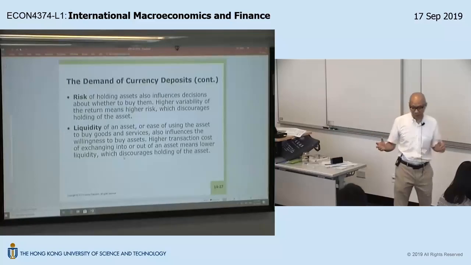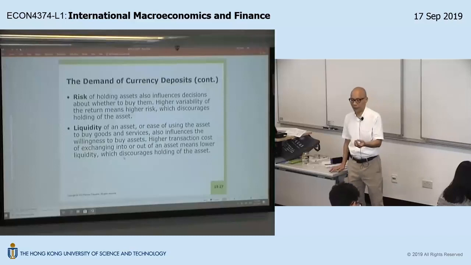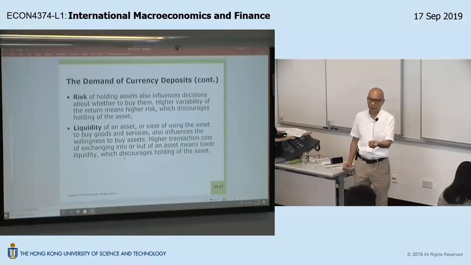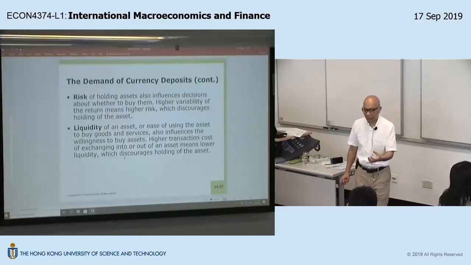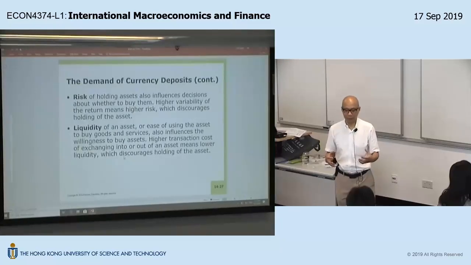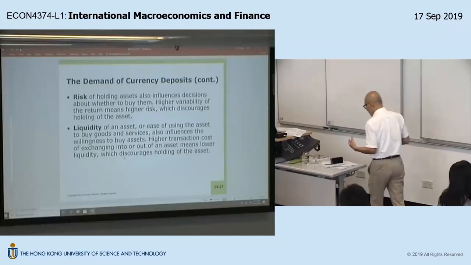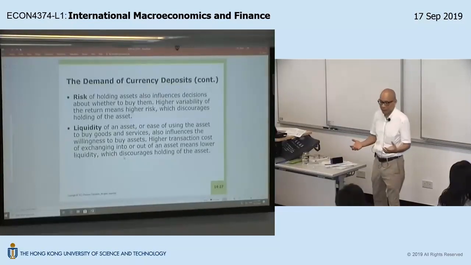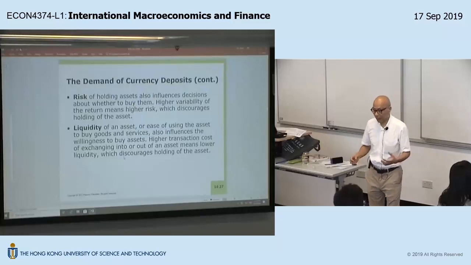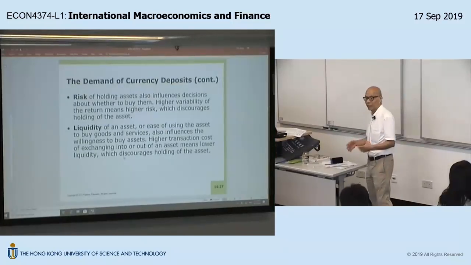So in general, if we talk about all sorts of assets, like if you buy real property, if you buy a piece of real estate, that is not a very liquid asset, right? Because in order to sell it, it takes a long time, and the transaction cost is very high.